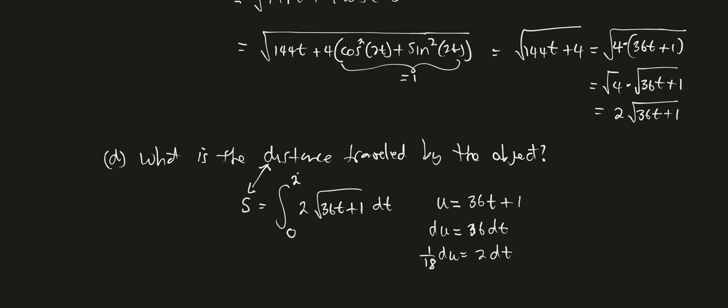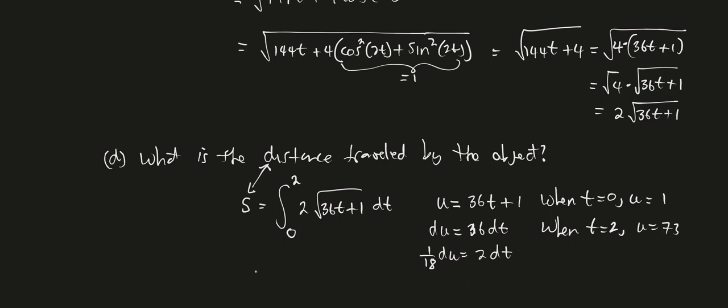And I always change my limits of integration. So when t is equal to 0, u is equal to 1. When t is equal to 2, double the 36, so that's 72 plus 1, so u is 73.